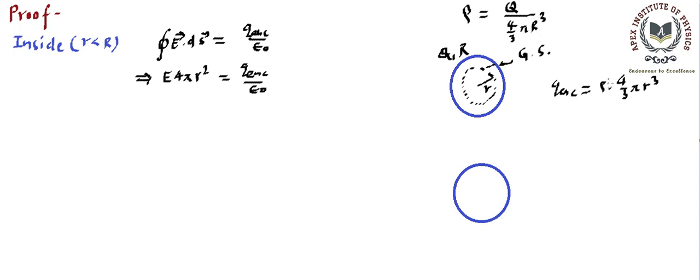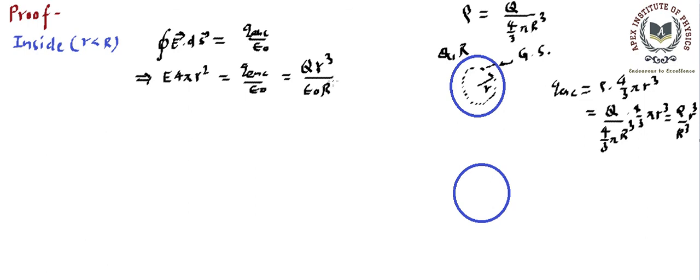Placing this rho value, the charge enclosed will be Q divided by 4 by 3 pi R cube into 4 by 3 pi small r cube. Settling these numbers, the charge enclosed is Q small r cube divided by capital R cube, which here becomes Q small r cube divided by epsilon naught into capital R cube.